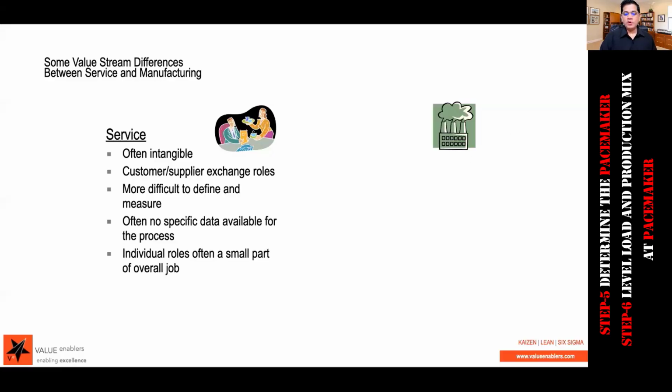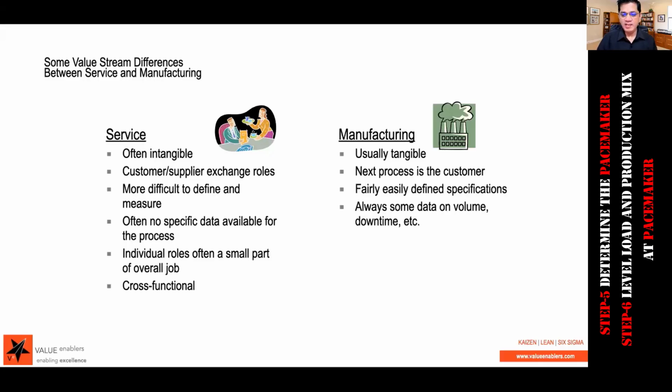Individual roles are often a very small part of the overall job, and cross-functional. Manufacturing is tangible. The next process is the customer, the specifications are fairly easily defined, and there is always some data on volumes, downtime, etc. But in the service industry, you don't have all that, okay? So it's challenging. The service industry has to be done differently.